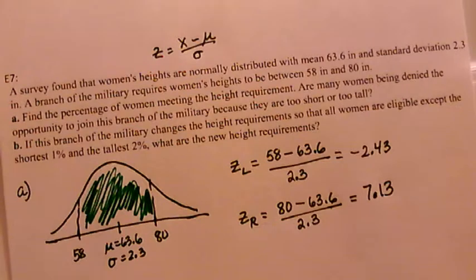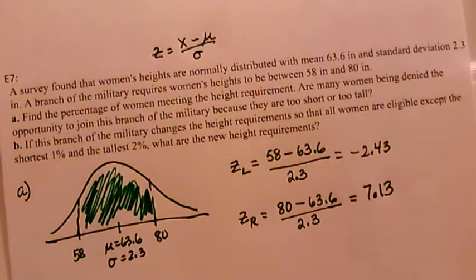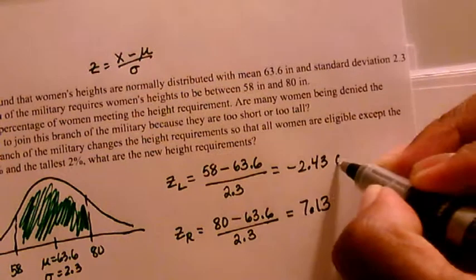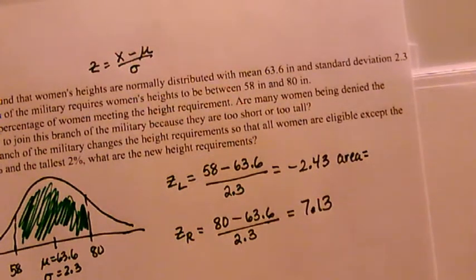Okay. Now we want the area for negative 2.43 and positive 7.13. Our z-score is negative, so let's use the standard normal distribution table for negative z-scores.